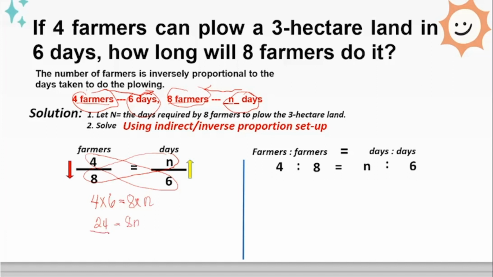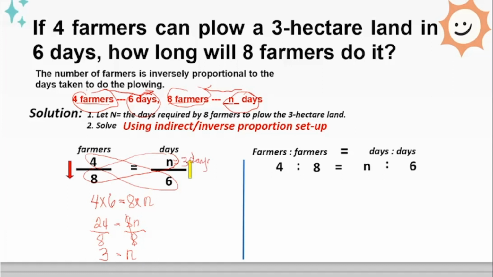Then, divide both sides of the equation. So, that's what we follow, cross product. By, who is the partner of n? 8. So, we'll be dividing both by 8. So, 8 divided by 8 is 1. So, we can cancel it. Then, bring down n. 24 divided by 8 is 3. So, therefore, we have here 3 days.